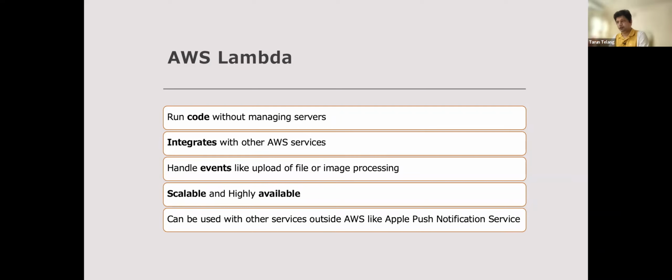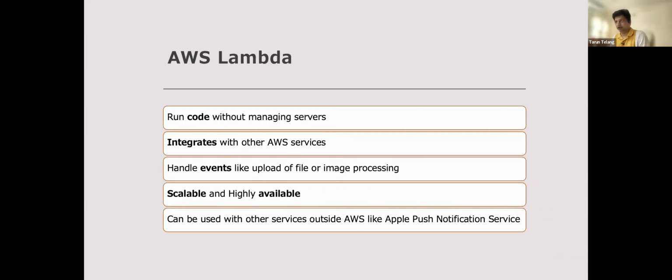And not only can AWS Lambda integrate with Amazon services like S3, it can also integrate with other services which are external to Amazon. For example, Apple push notification service, which is used for iPhone users, and your applications can send notifications to your user base who are using iOS applications.